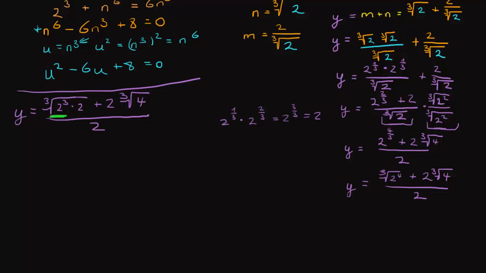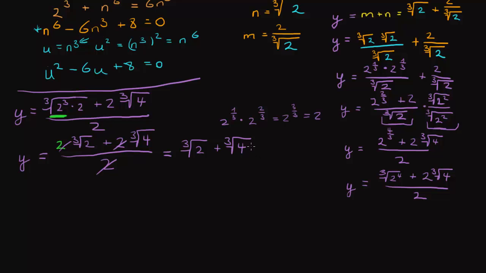So what do we get? We get y is equal to 2 times the third square root of 2 plus 2 times the third square root of 4 over 2. Now we can cancel the 2's out, and we get the third square root of 2 plus the third square root of 4 as one of our solutions for y.